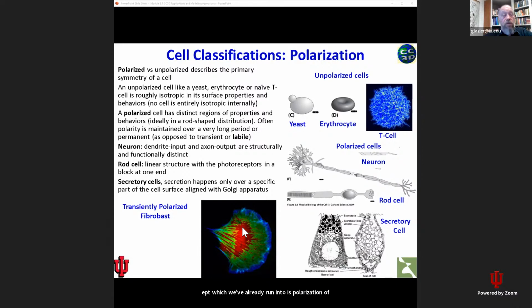We're going to have to decide if we're going to be satisfied with a blob cell that's uniform everywhere, or do we want to represent the fact that different regions of the cell have different properties? Depending on the questions we're going to ask, the level of detail we're going to need to represent those things is different. In particular, if the cells are secreting or absorbing from a particular surface, that's often very important.